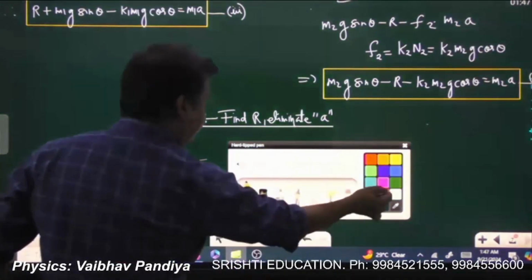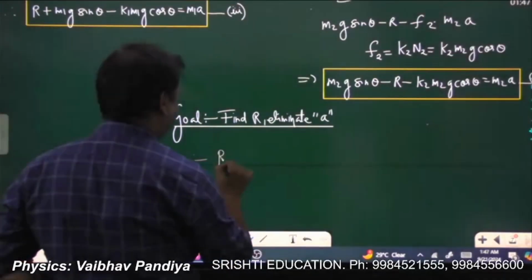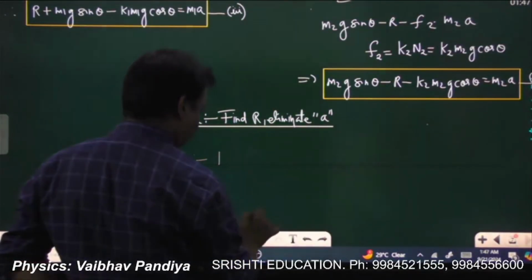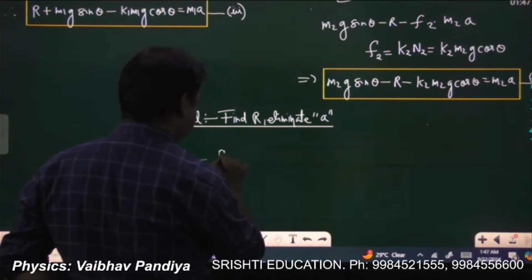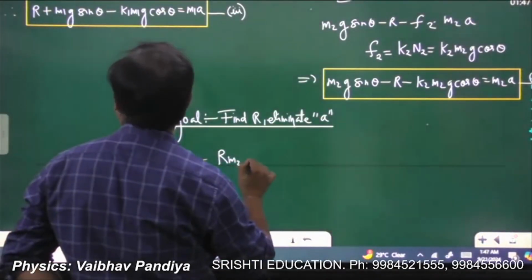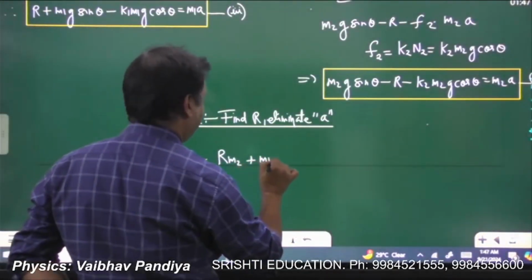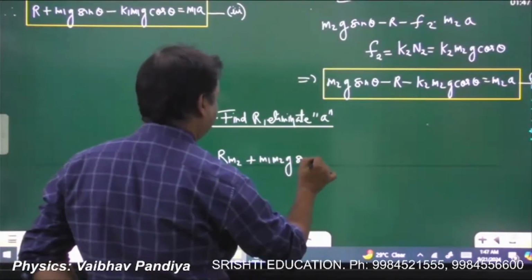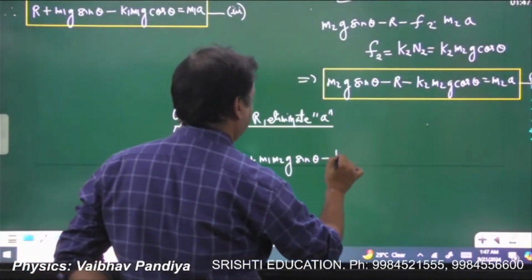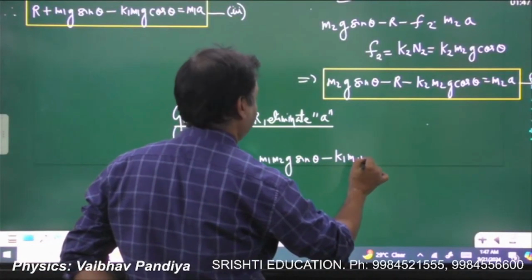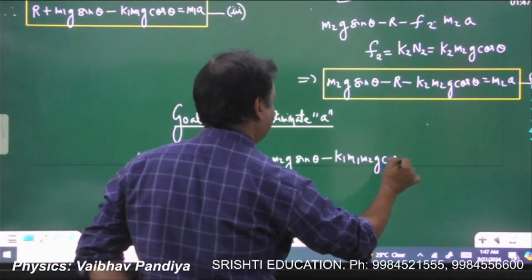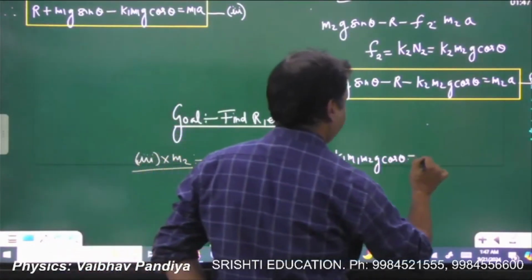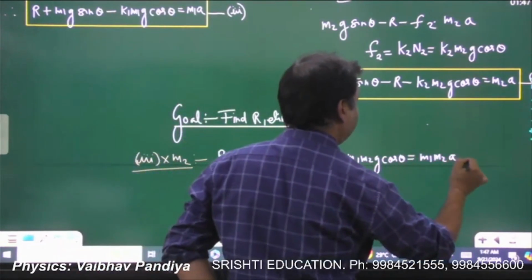So I am multiplying equation 3 with M2. So what will I get? I'll get R M2 plus M1 M2g sin theta minus K1 M1 M2g cos theta is equal to M1 M2A. Let it be equation number 5.